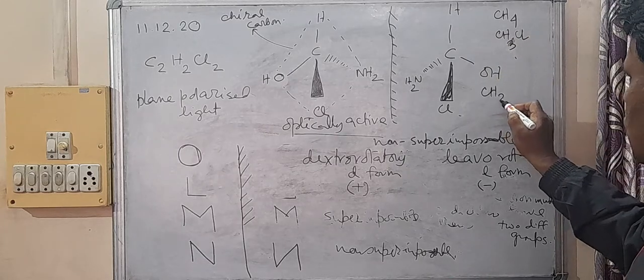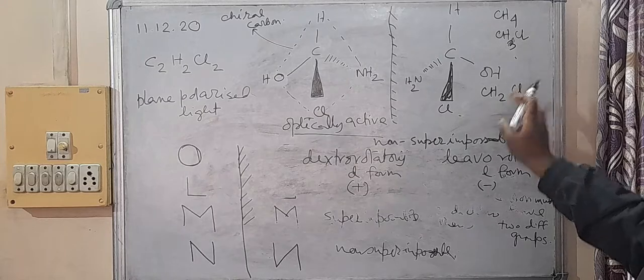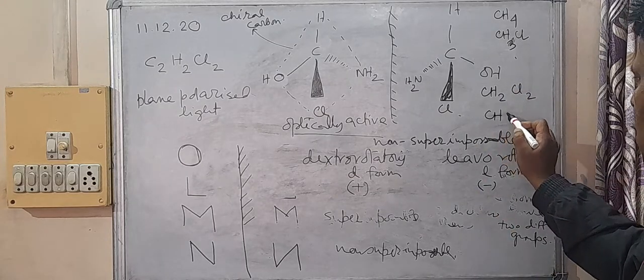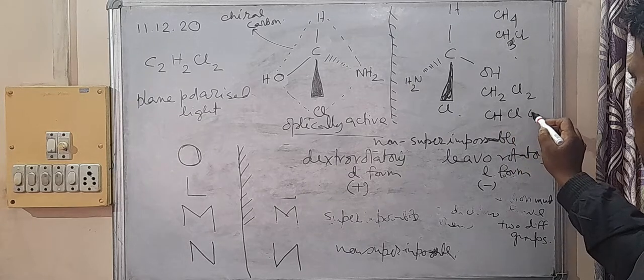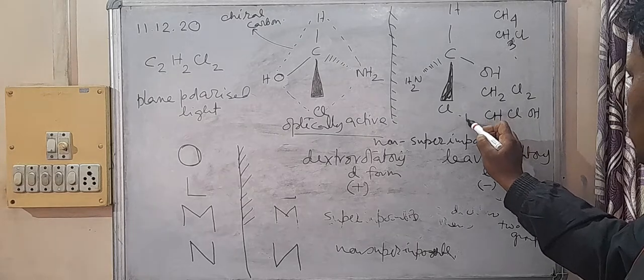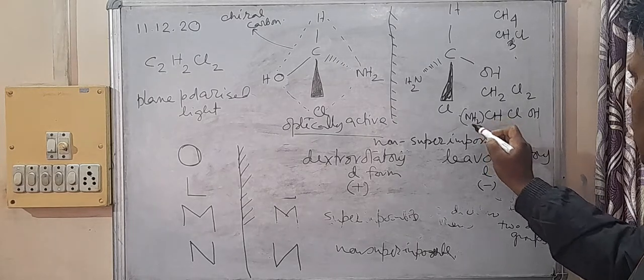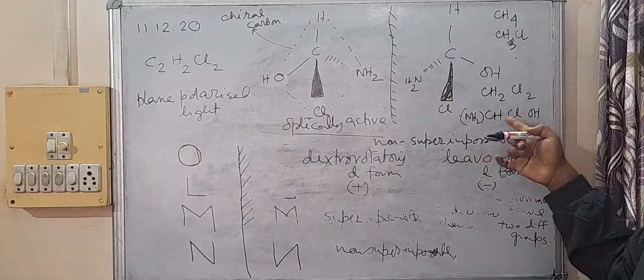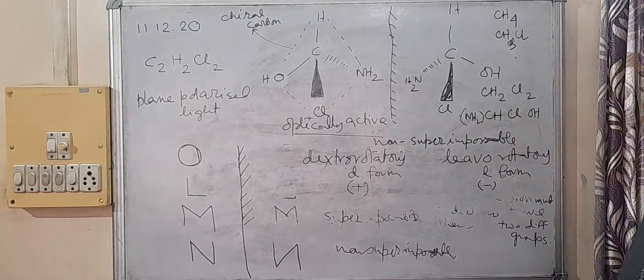Say CH2Cl2, it will also not show optical isomerism. Say this compound CHClOH and NH2, like this compound only. Here we have 4 different groups. This compound will be optically active.